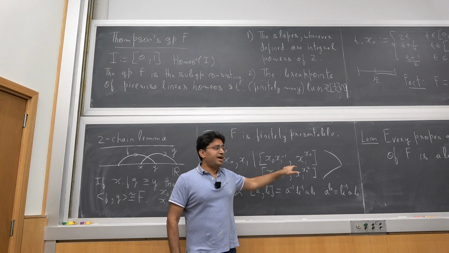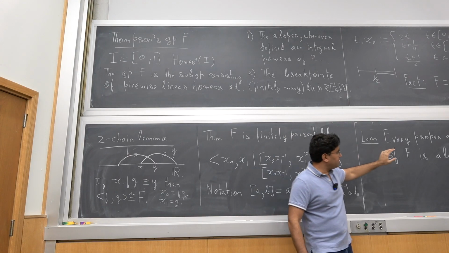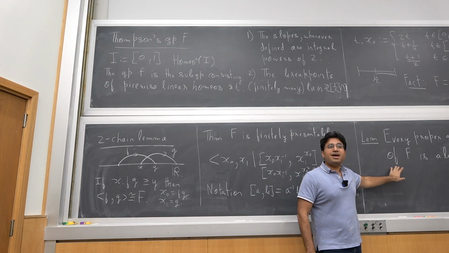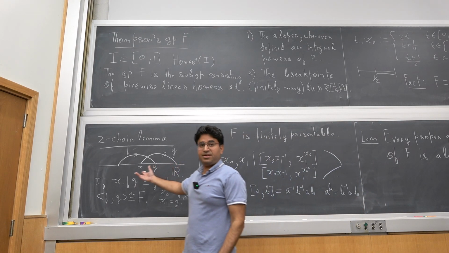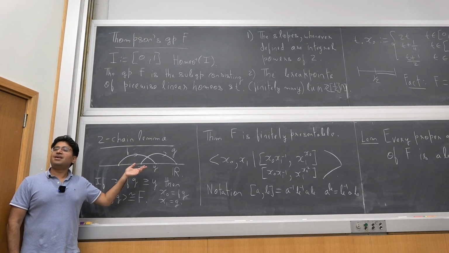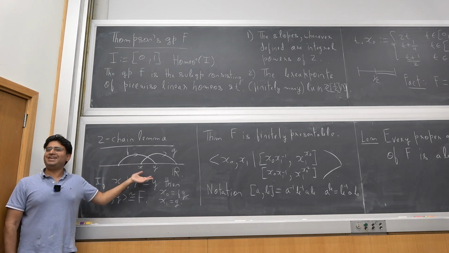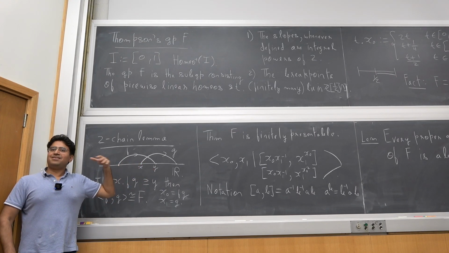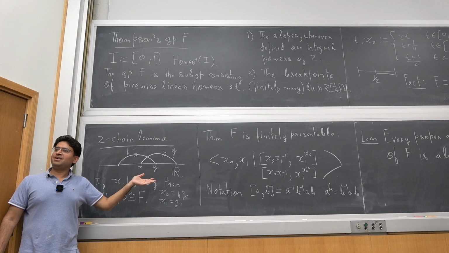Okay? And because every proper quotient of F is abelian, and since the relations hold, we know that this must be a quotient of F. And since this is clearly not abelian, I mean, these two homeomorphisms don't commute, this is isomorphic to F.